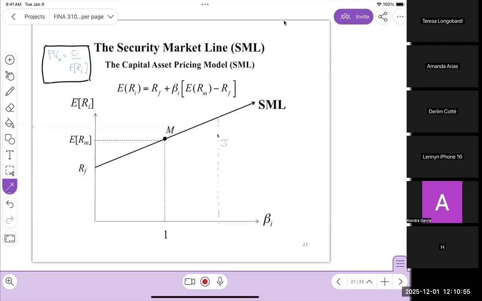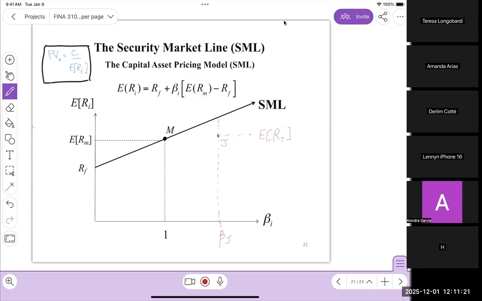They have, for this level of risk, so this is beta for J, and they have this level of return, okay? This is ER. Okay, so they have that level of return.